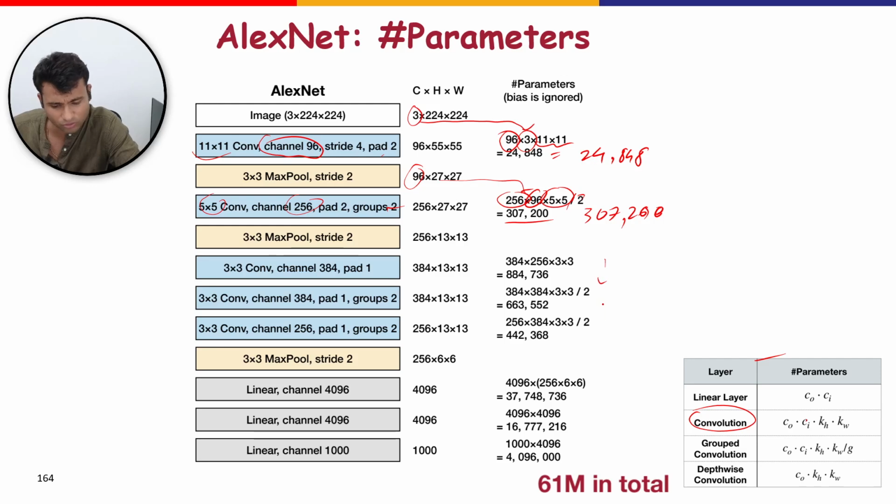Similarly, you can calculate all these other parameters, and in total, after we do the addition, we have 61 million. One interesting thing to note is that as we come to the last fully connected layer, we do a Co into Ci, right? If you look at this, it's 4096 into 4096, and this is a very huge number.